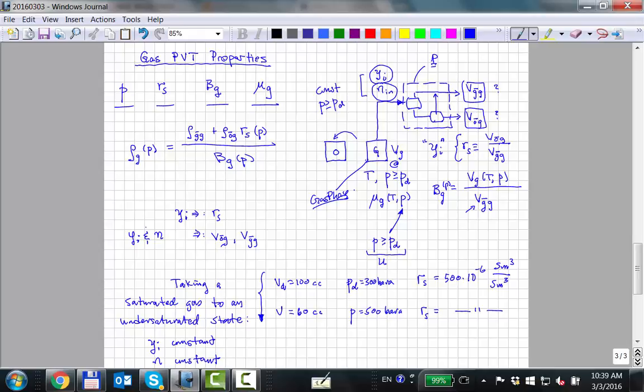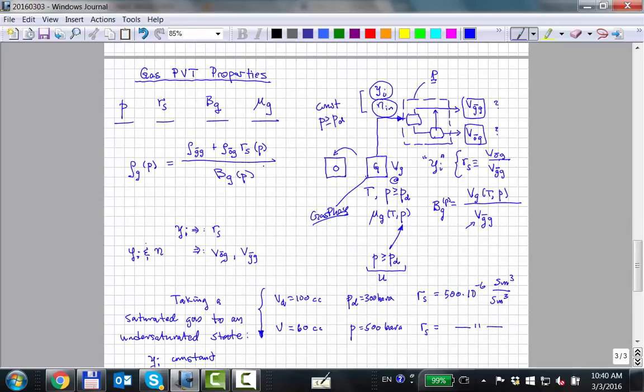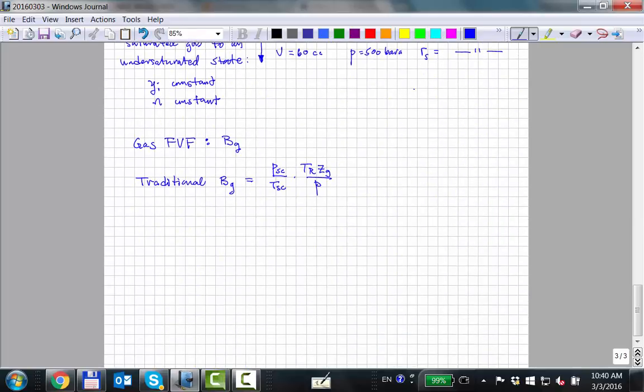But doesn't gas usually condense when you increase the pressure? So the question is, doesn't gas usually condense liquid out when you increase its pressure? Only at low pressures. If we take that gas and look at its pressure-temperature diagram, this is the temperature, let's say, in a reservoir, and maybe the critical point is over here.